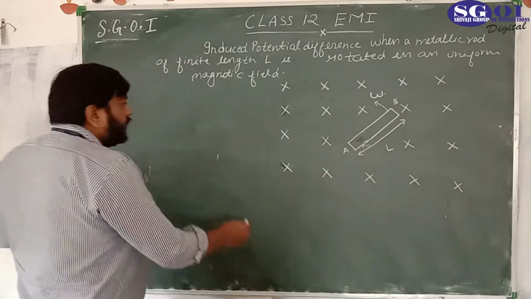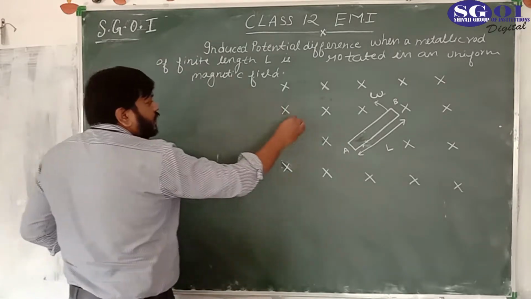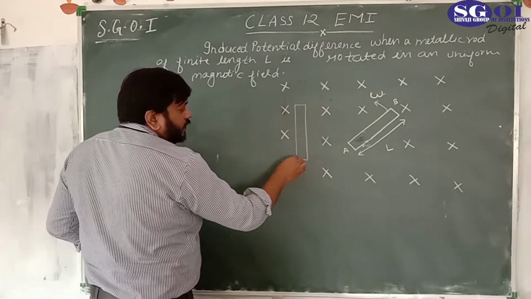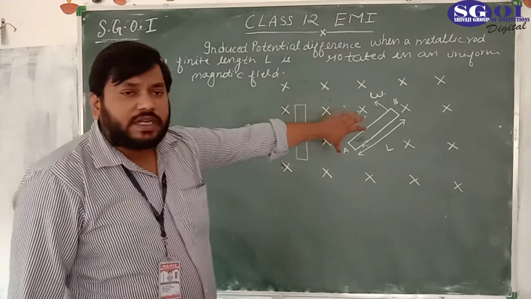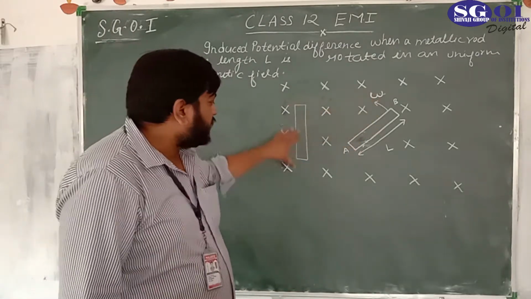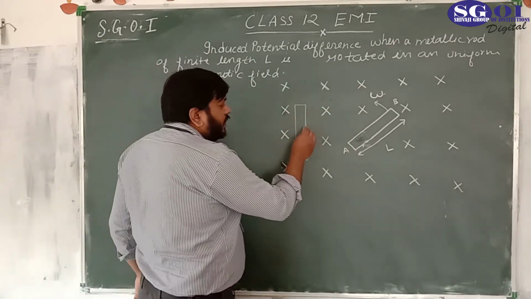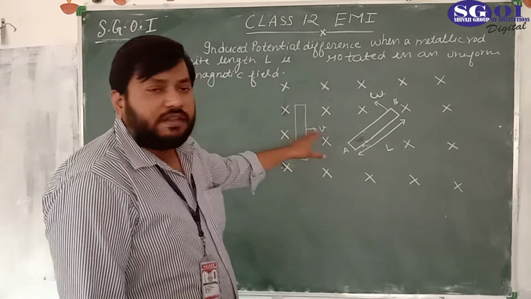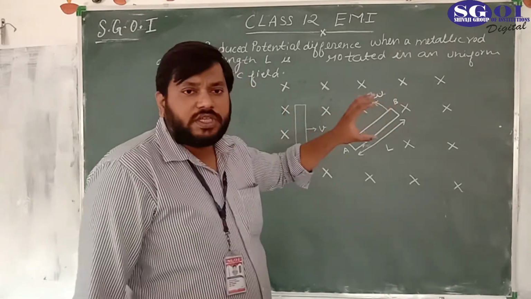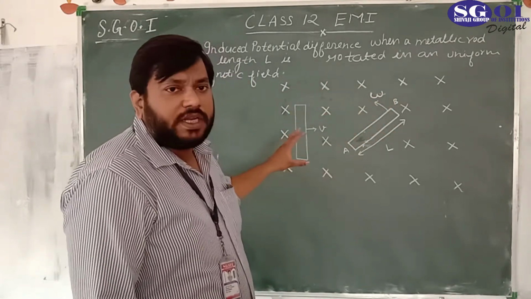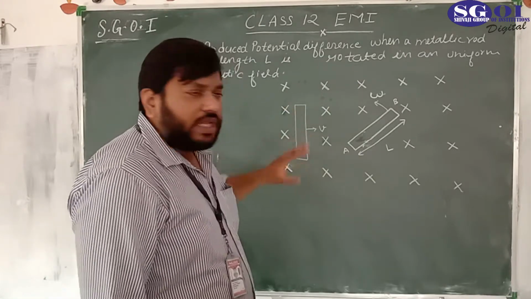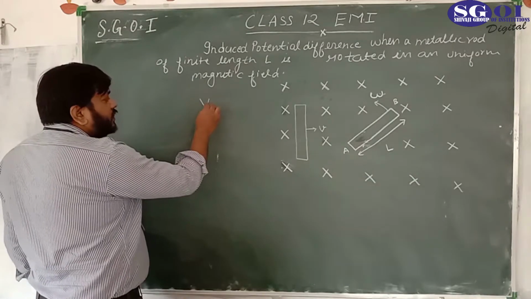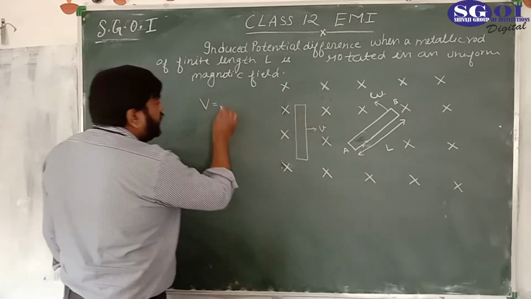As we have seen in the previous video lecture, if the same length metallic conductor is moved with constant linear velocity v in one dimension in this uniform magnetic field, the EMF induced across the end of the conductor, capital V, this is EMF, this is velocity.